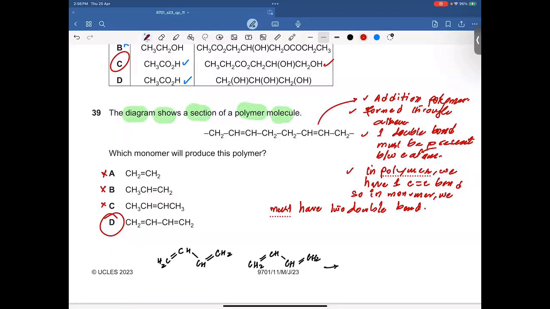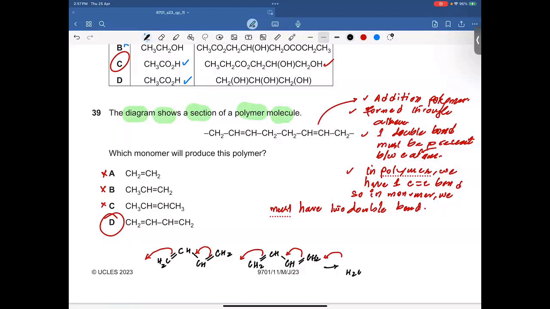So according to my lecture, this bond shifts between these two carbon atoms. This bond shifts between these two. This bond shifts between these two. This bond shifts between these two. The bond of the next monomer will be shifting here. So let me write the structure.